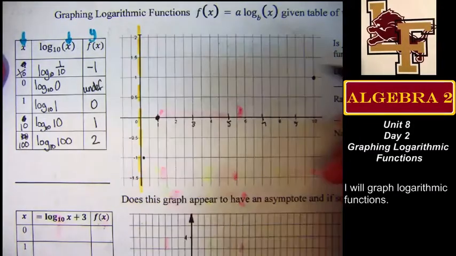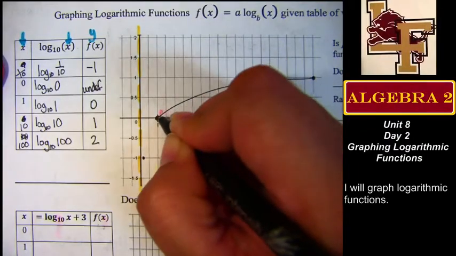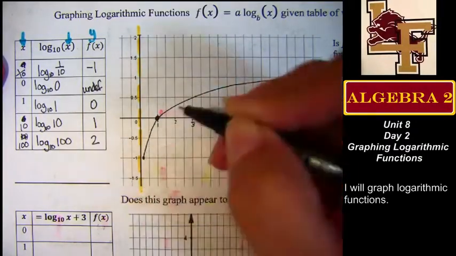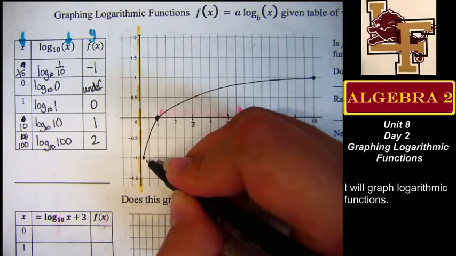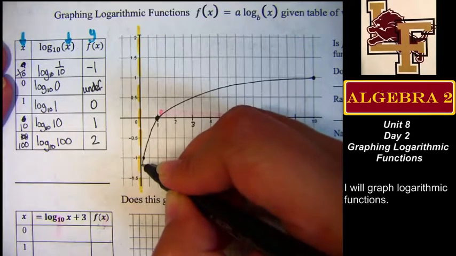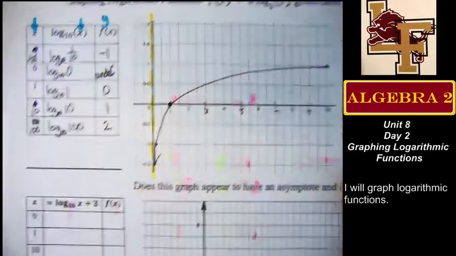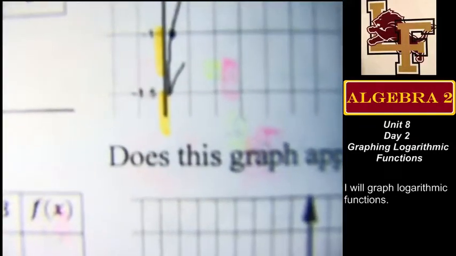So from here to here, I can draw it pretty nice. And from here to here, I can draw it pretty nice. And then after that, I'm going to continue going closer to the asymptote in the x direction as I continue getting closer and closer to negative infinity in the y. So it's going to be like, don't actually touch the axis.